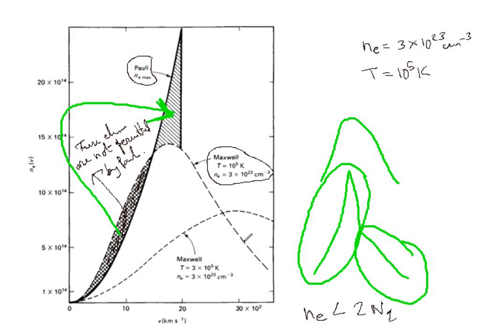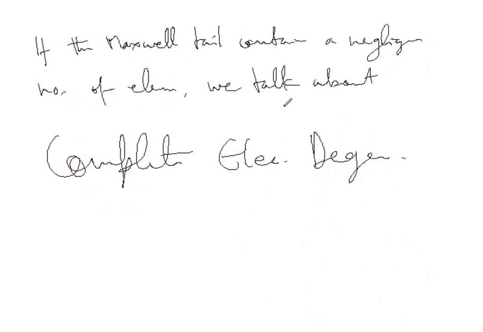Now let us look at the situation for protons and neutrons. The question is, will they also be degenerate if the electrons are degenerate? The maximum number Nn of neutrons with momentum between p and p plus delta p is again given by the previous relationship.